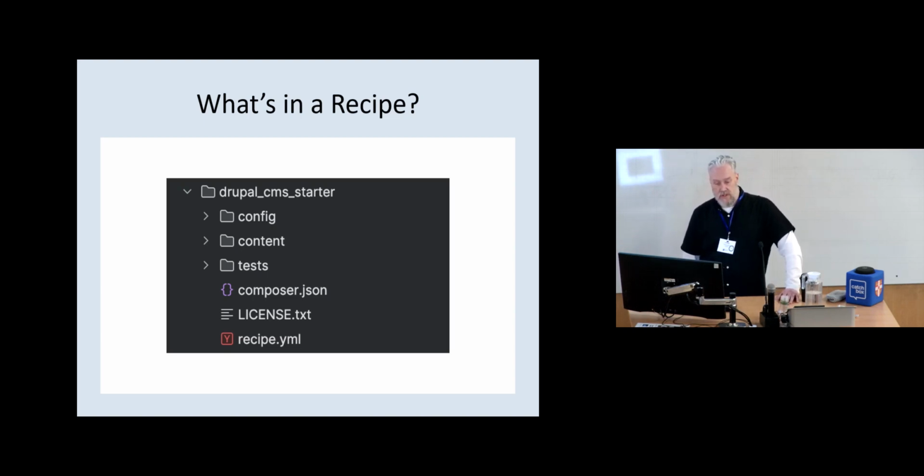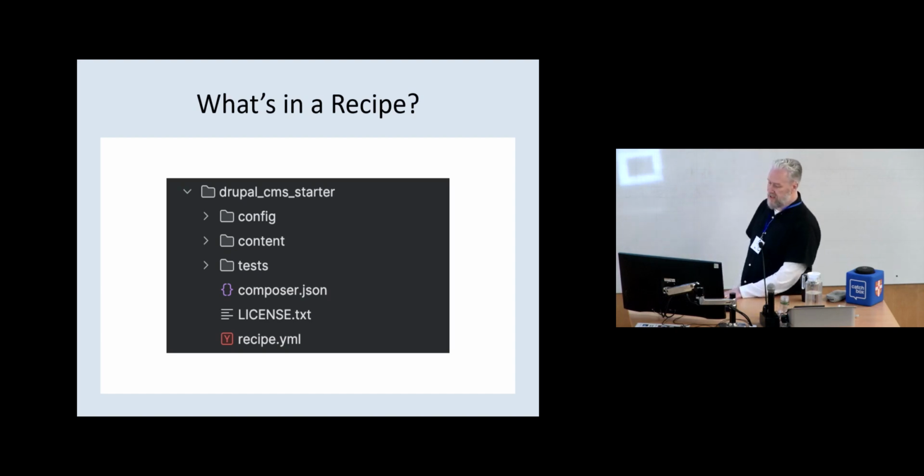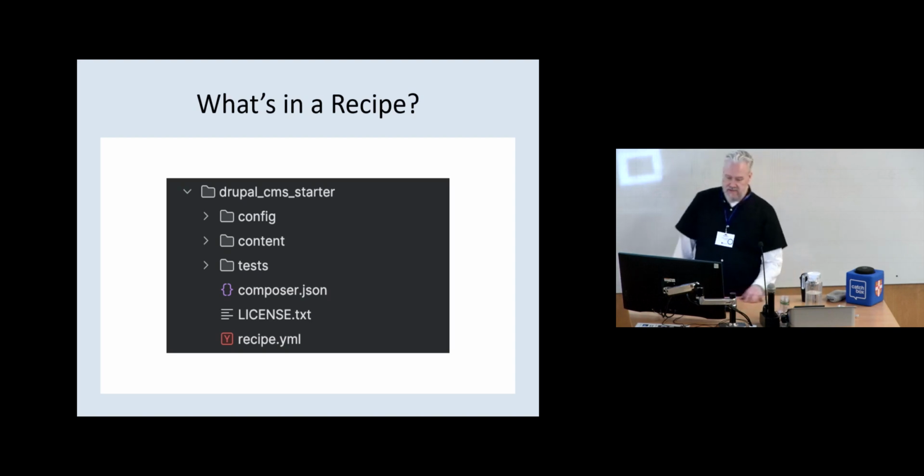The test folder is largely to test that your recipe applies properly. The testing of the actual stuff that goes on within your recipe is left to the modules, etc. And the license file is just a normal addition, and that leaves the composer JSON file, which we're about to look at, and this new recipe YAML file.